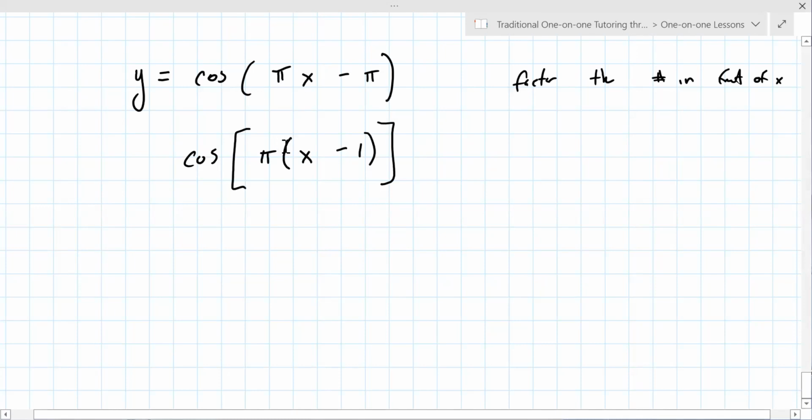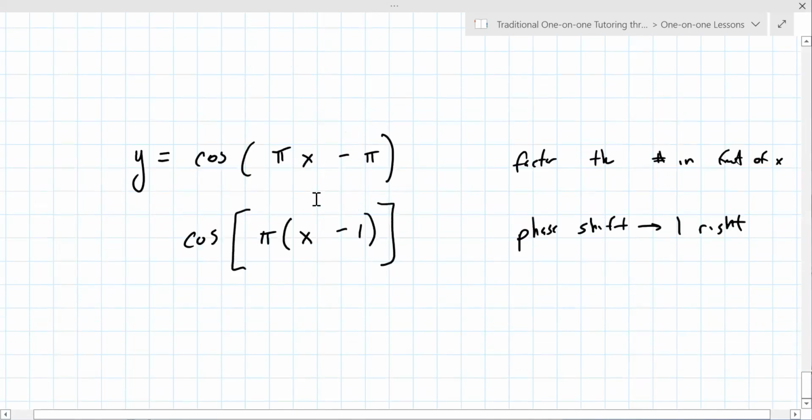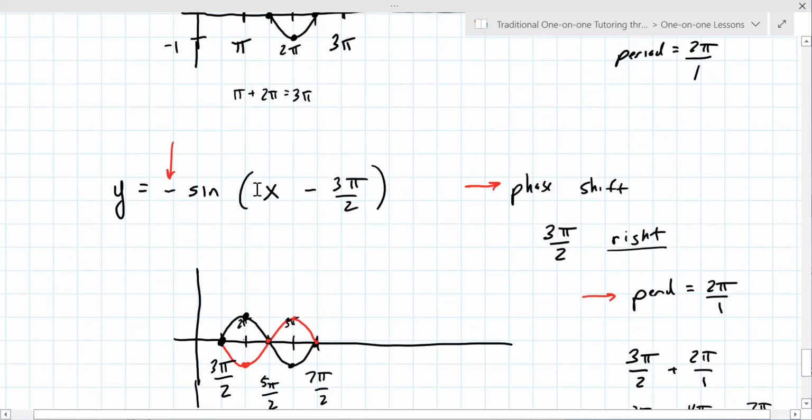But in this problem, your phase shift is 1 right. It's 1 right because when you factor out the pi, that's what's left over. In the previous problem, there was a 1 there, so if you factor it out, you still get 3 pi over 2.